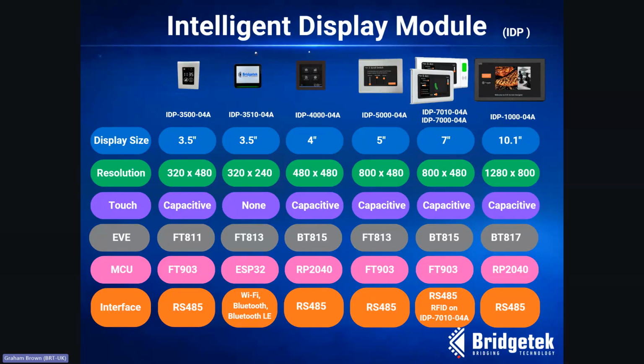The panels are available in a variety of sizes from 3.5 inches up to 10.1 inches and are powered by onboard EVE graphics processors and standalone MCUs such as the FT900 series, which we'll cover shortly, and the RP2040.